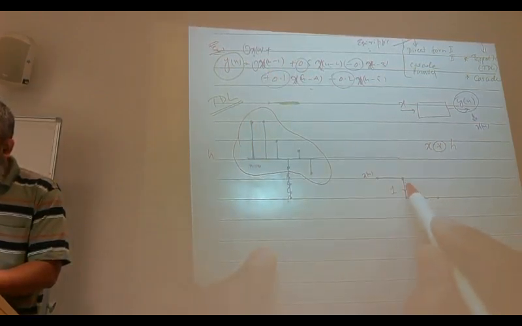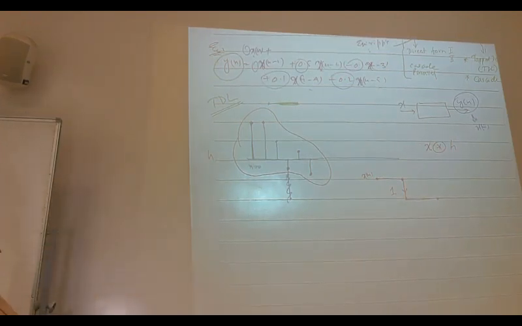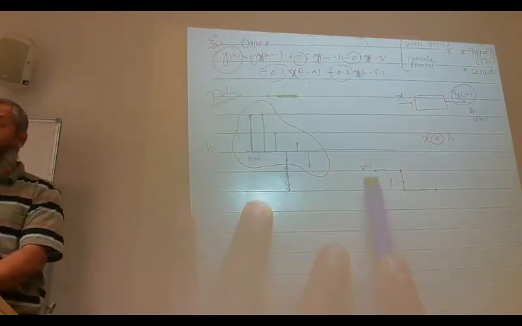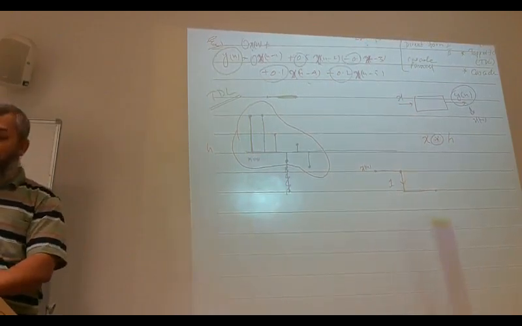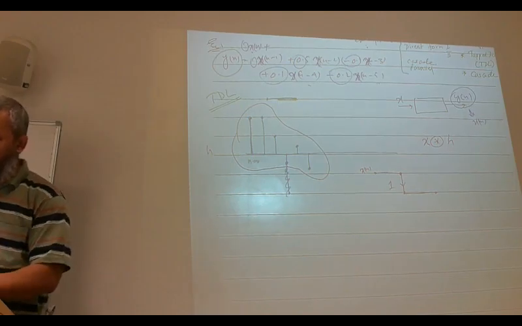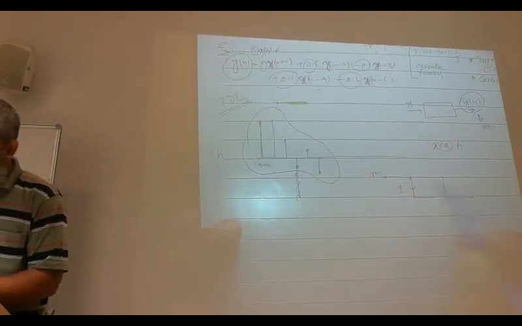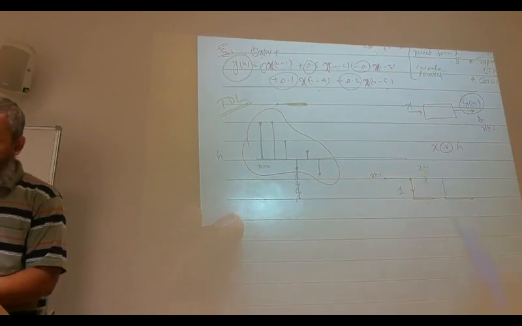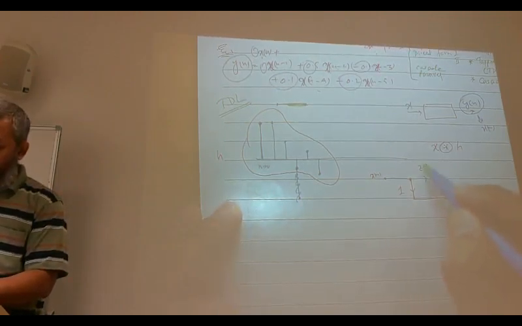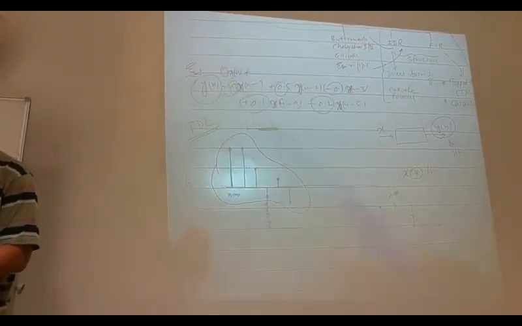How do we produce x of n minus 1? So this will be our main structure, like a step, always. A tap delay line is like a step structure, repeated one after the other. That's why I'm using different colors. Another step here. This one is z to the minus 1, and this will be your second coefficient, in this case also 1.